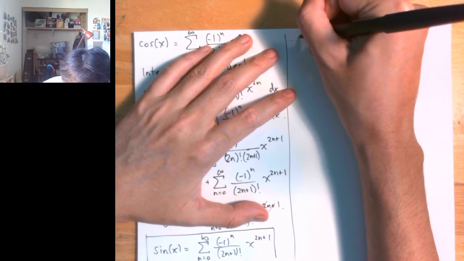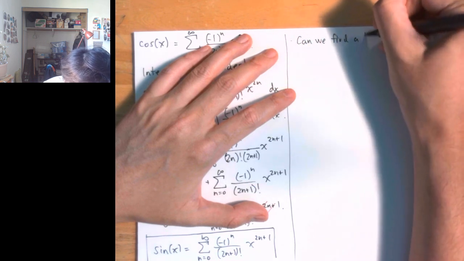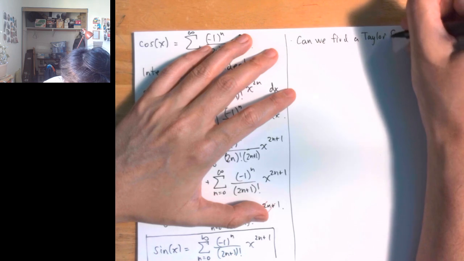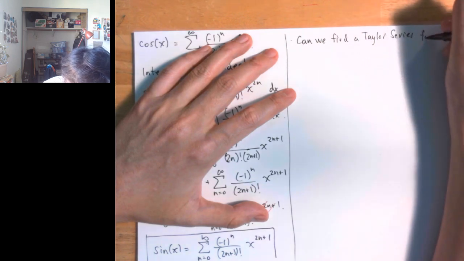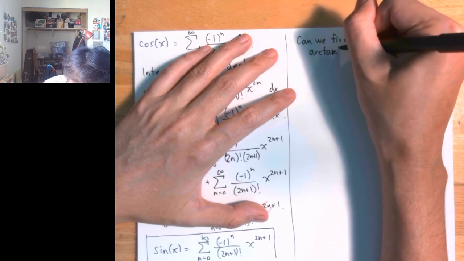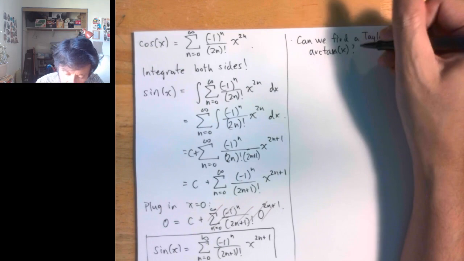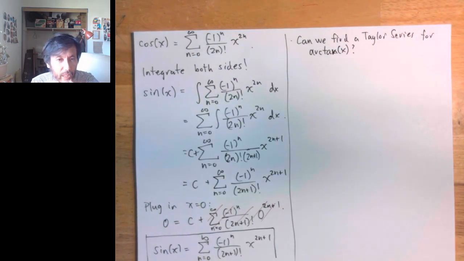Can we find a Taylor series for arctan of x? Or of course that's the tangent inverse of x, same thing.